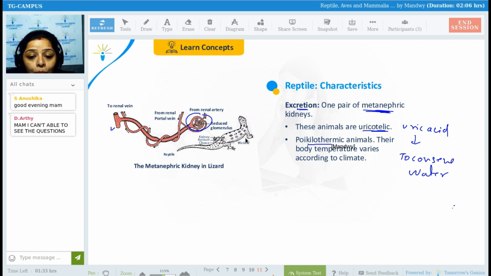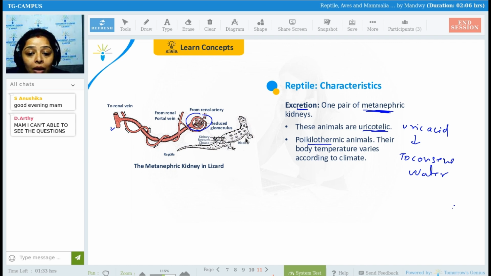So they are poikilothermic animals. What is the meaning of poikilothermic animal? Cold-blooded animals, ma'am. Yes, cold-blooded animals. Because of the single circulation, because of the mixing of oxygenated and deoxygenated blood, they are not able to maintain high pressure, and hence there is a single circulation.